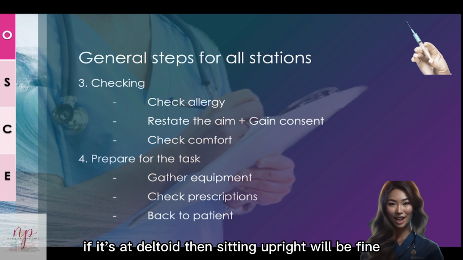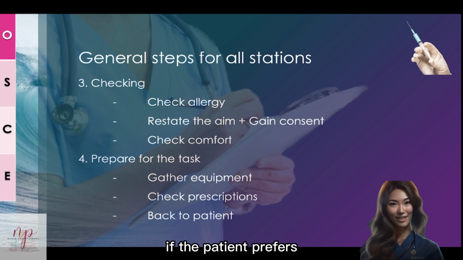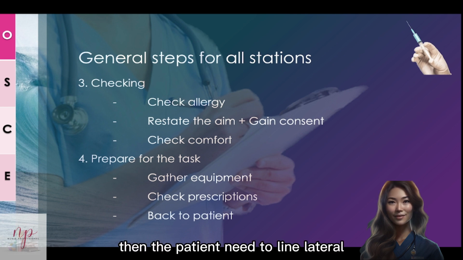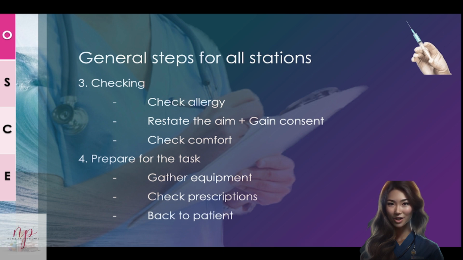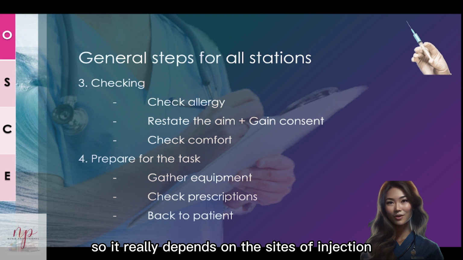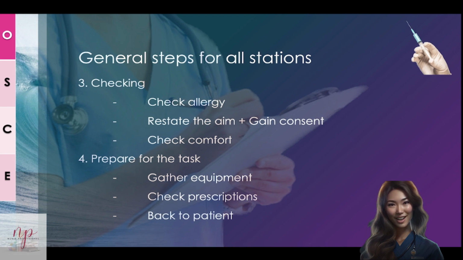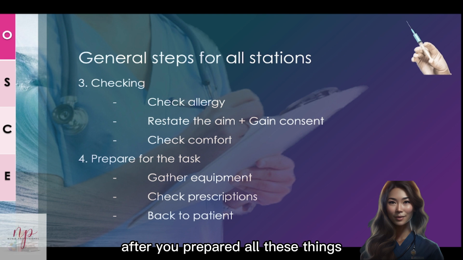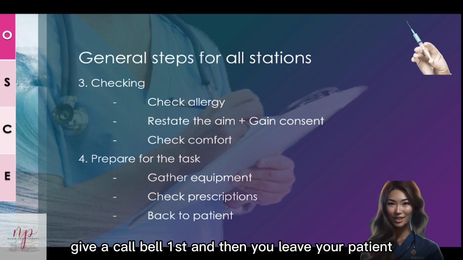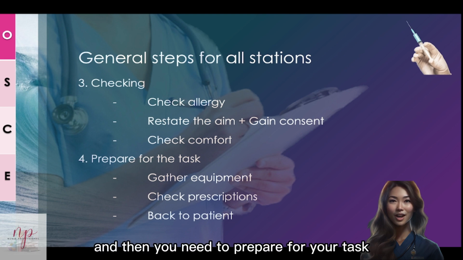If it's the deltoid, then sitting upright will be fine. If the patient prefers the buttock area, then the patient needs to lie lateral. So it really depends on the site of injection. After you have prepared all these things, you may give a call bell first, and then you leave the patient. And then you need to prepare for your task.